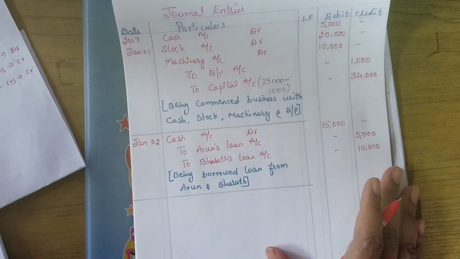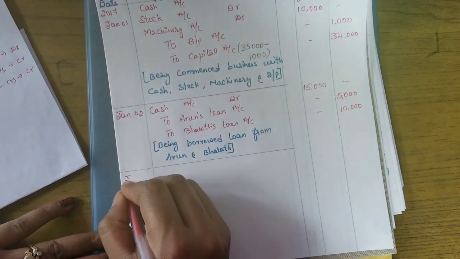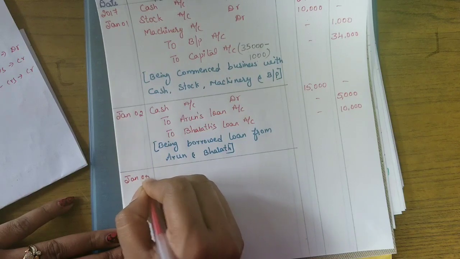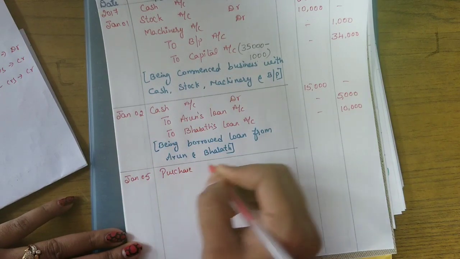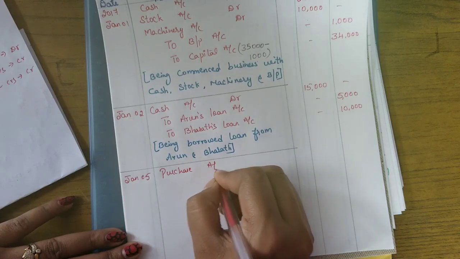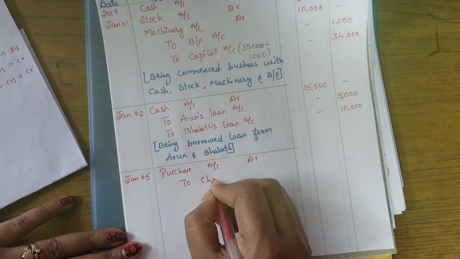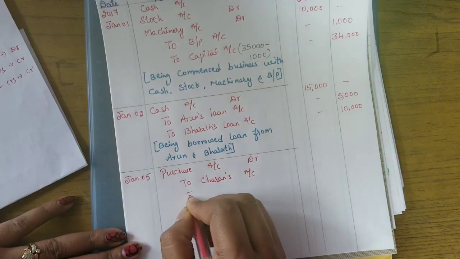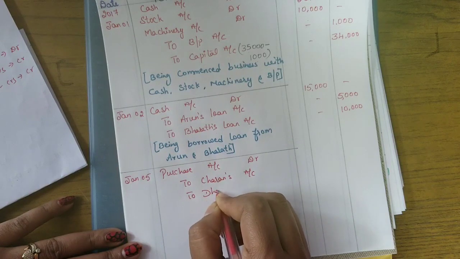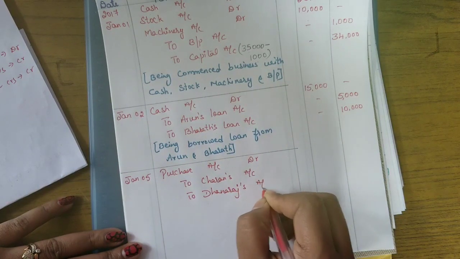That's all. Now here of course you should be little bit faster in analyzing the entries. Okay. So on Jan 5th, entry is like this: purchases account, debtor to Charan's account, to Dhanraj's account.